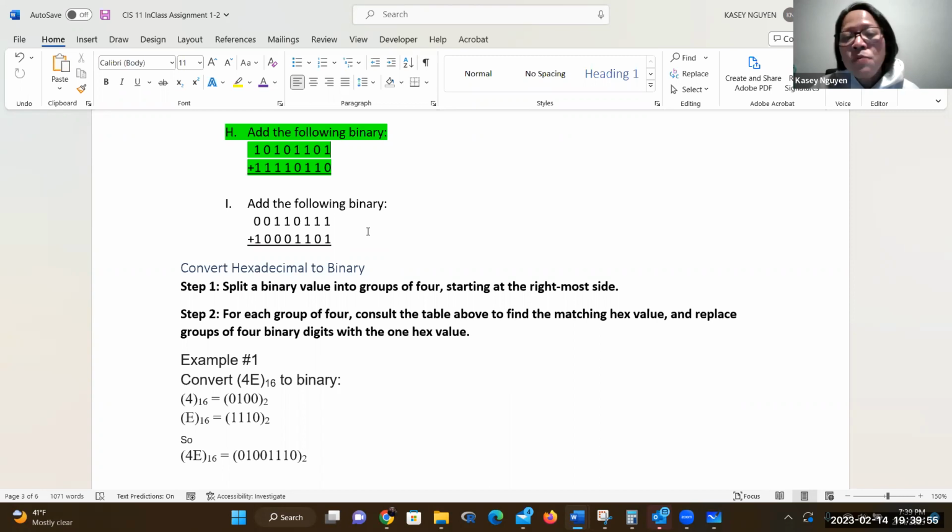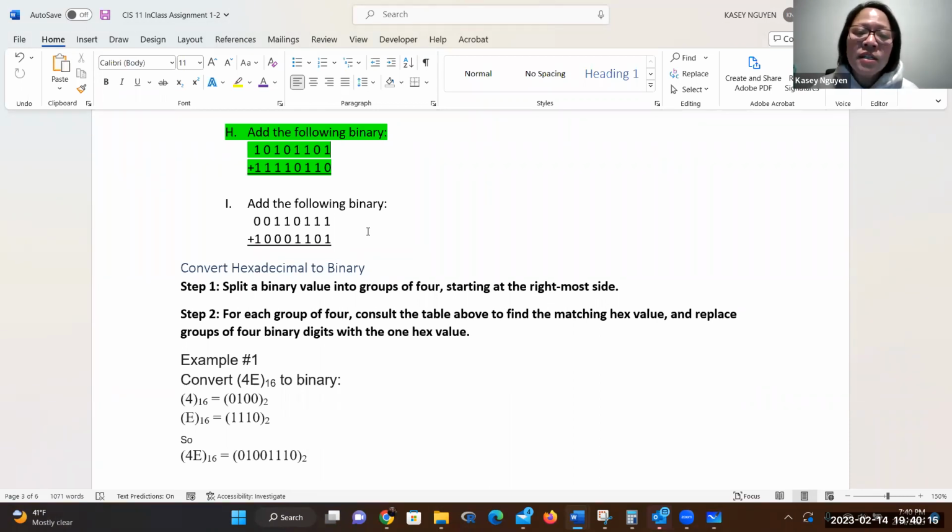So in memory, we would use hexadecimal. And the reason I'm showing you hex is that sometimes you need to know where something is in memory.